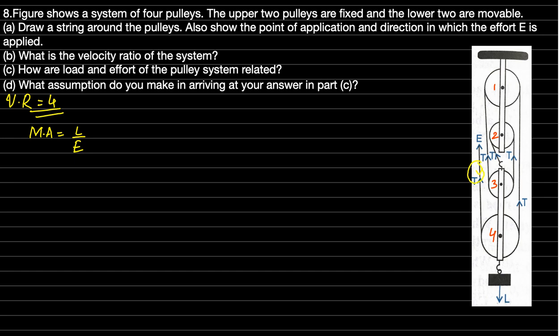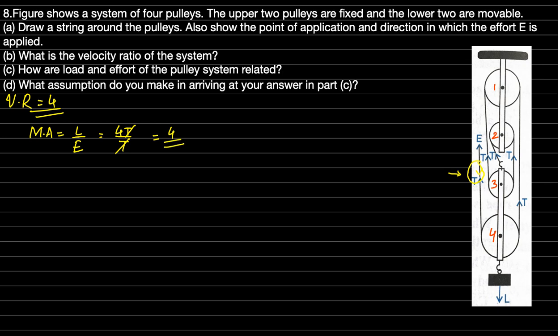So how many tensions do we have? 1, 2, 3, 4. So we have 4 tensions, so that is going to be the load. And the single tension which we did not consider over here, that is going to be the effort. So T and T cancel and we get the mechanical advantage as 4.